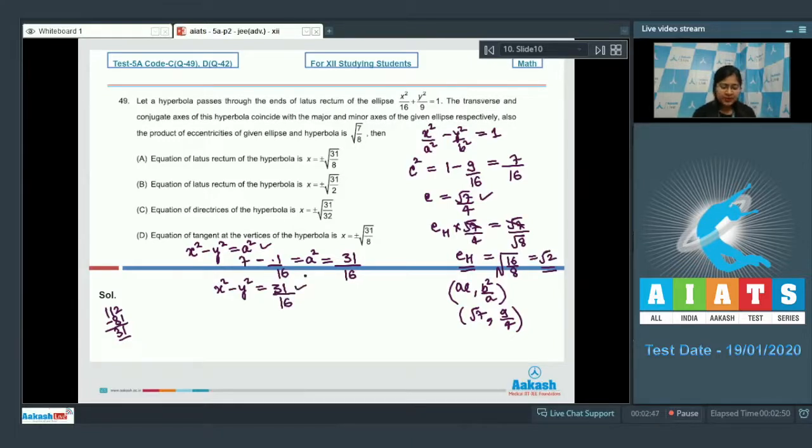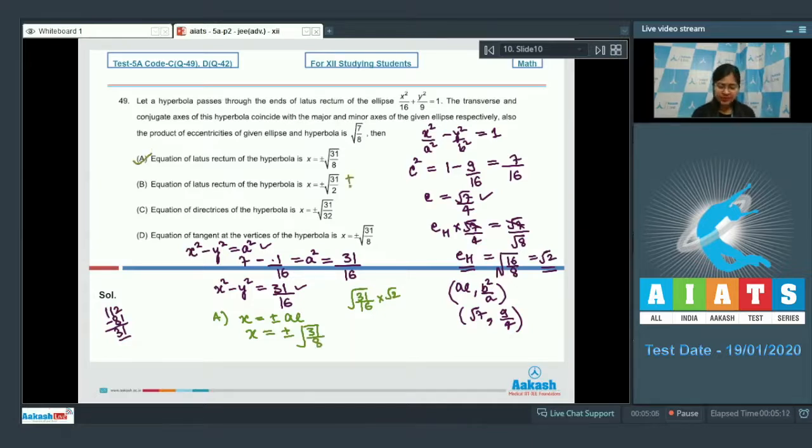Now option number A says equation of latus rectum of the hyperbola. Equation of latus rectum is x equal to plus minus ae. So this is x equal to plus minus a, which is root of 31 by 16, into e, that is root 2. So this is plus minus root of 31 by 8. So option number A is correct.